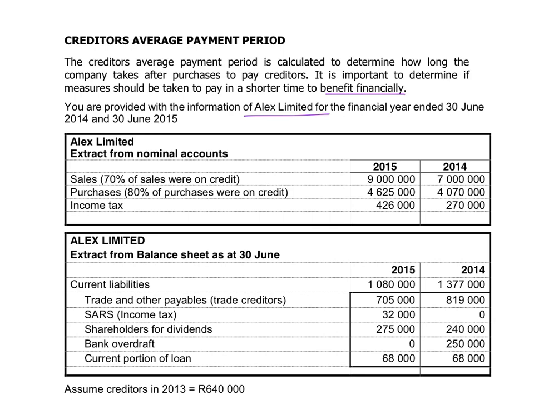So there's an extract from the nominal account section. We buy goods from creditors, so that means that we are interested in the purchases figure, and creditors are the people that we owe money to, so that means we are interested in the creditors figure, the money that we owe for purchases.